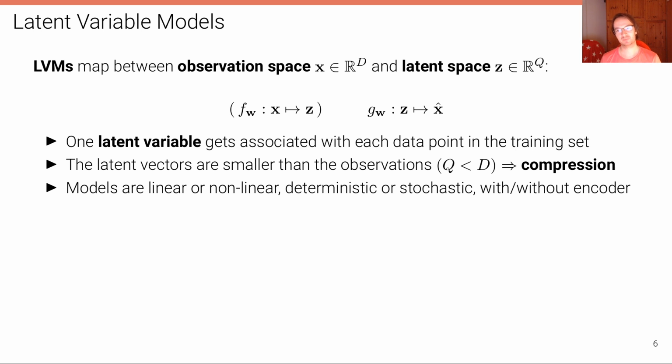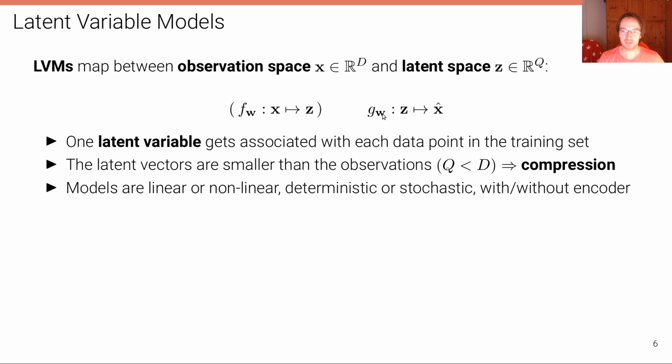And then we have a latent space that is Q-dimensional. And in a latent variable model, we have typically two types of mapping. Sometimes we just have one type of mapping, which is G. That's why I put F in brackets. But oftentimes, and these are the models that we encounter today in this lecture, we're going to have both mappings. We have a mapping F with parameters W.